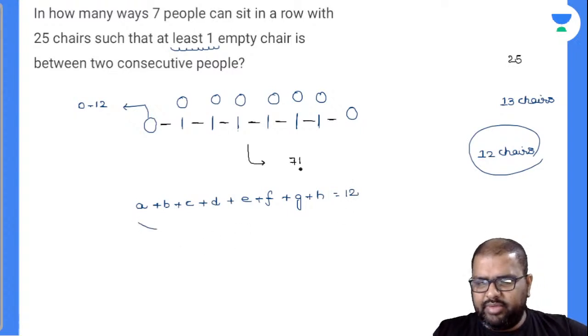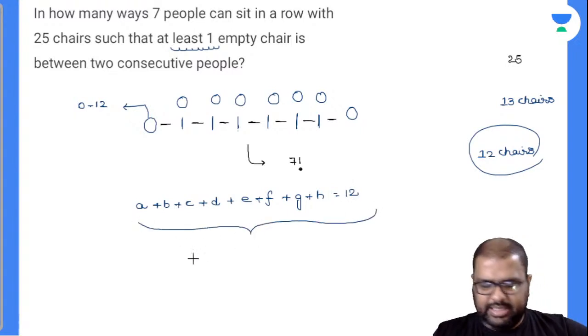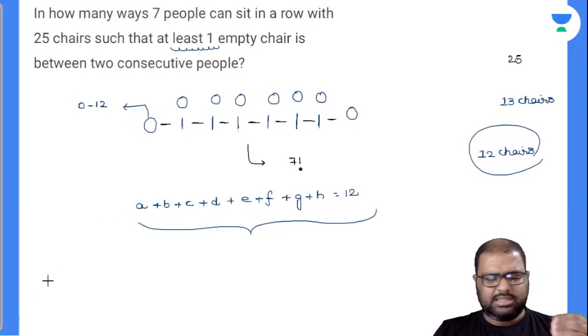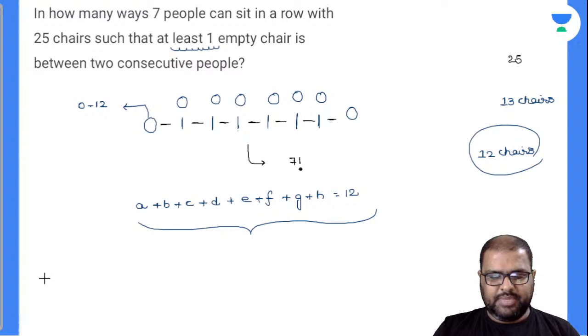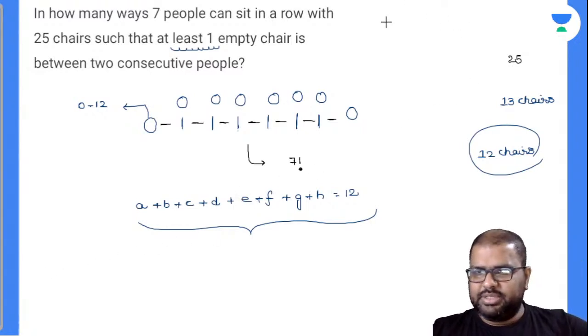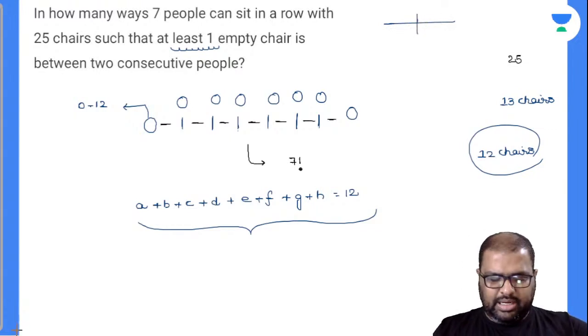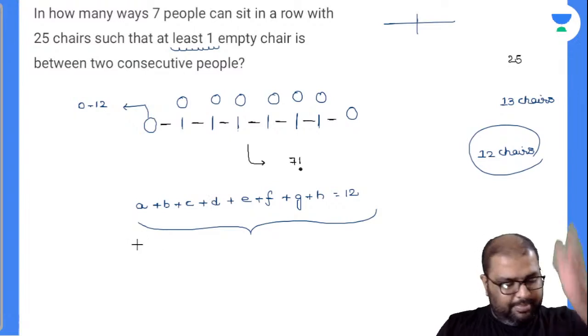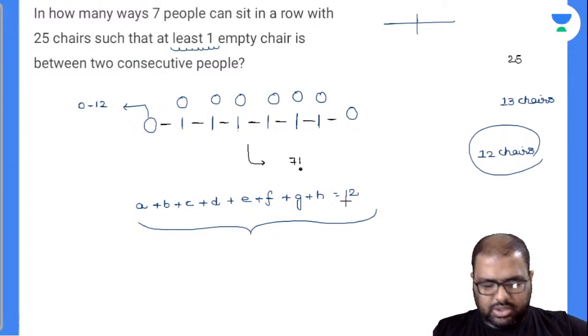Now look, we have seen in the Bose-Einstein separator theorem, we can do it like this. So how many persons are there? 8. Let us suppose we convert it to 12 coins. How many partitions do you have to make for 8 persons? 7 partitions. Let us suppose this is a rope: to give to 2 persons, you have to make 1 cut. So for 8 persons, 7 partitions. So 12 blocks plus 7, total 19 blocks.